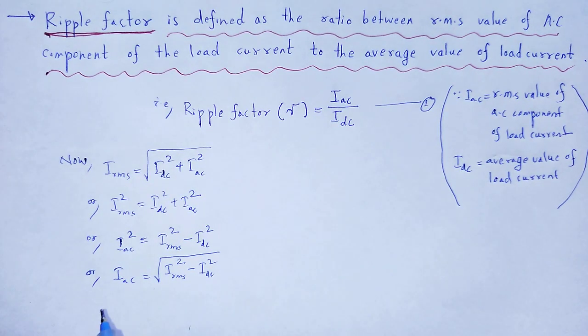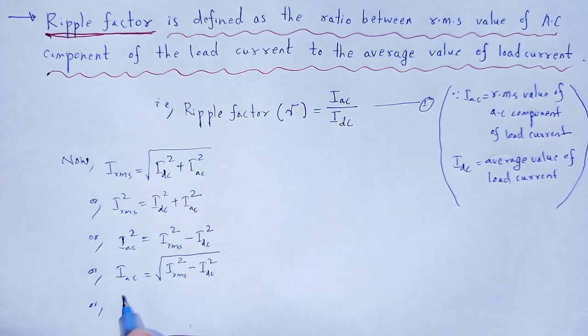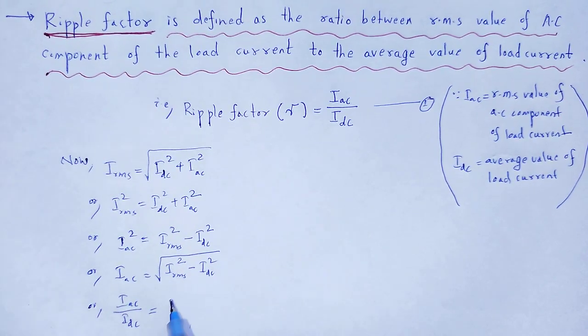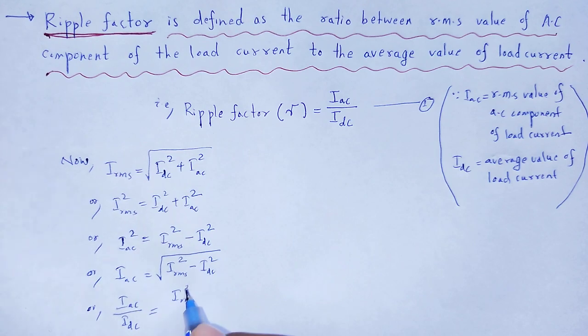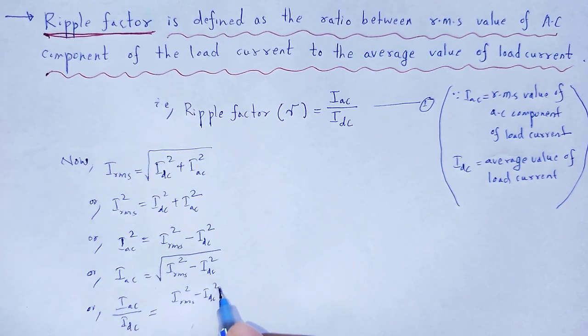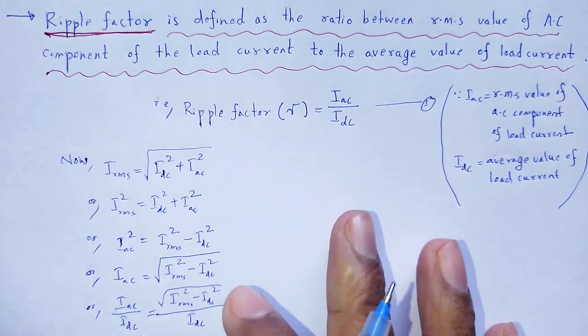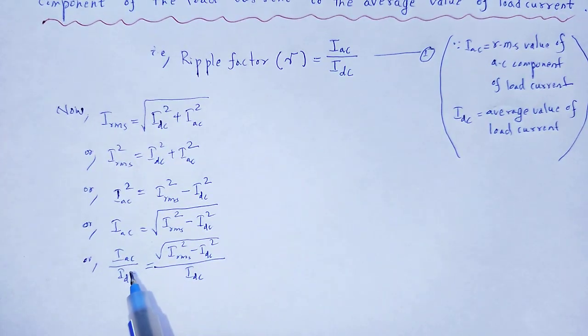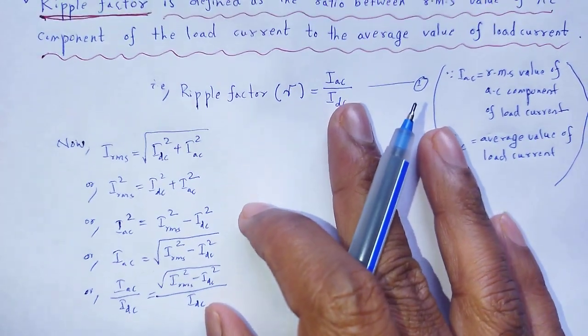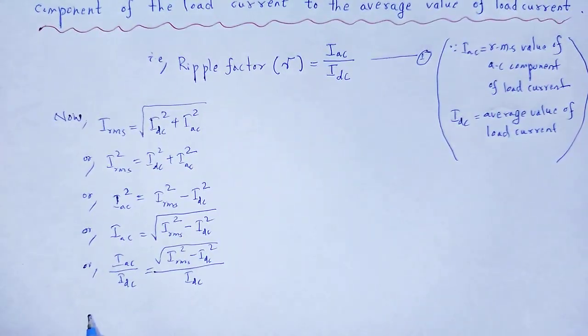Now dividing by I DC on both sides, I AC divided by I DC is equal to the square root of I RMS square minus I DC square, divided by I DC, that is I AC by I DC, the ripple factor.